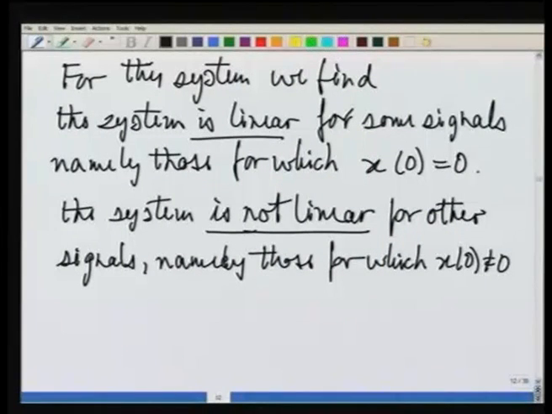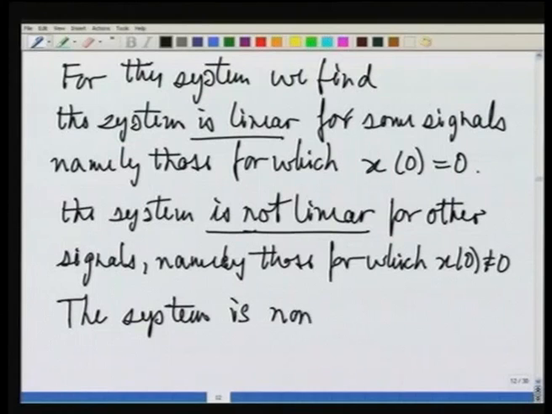Using that principle over here and recognizing that this property of linearity is not available for all input signals, only for certain input signals, we will therefore say that the system is non-linear or not linear.